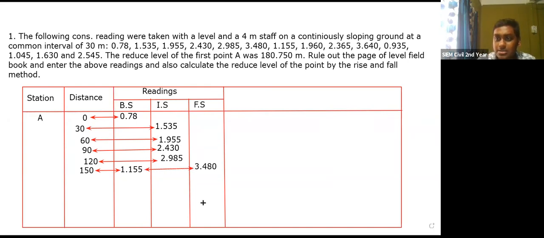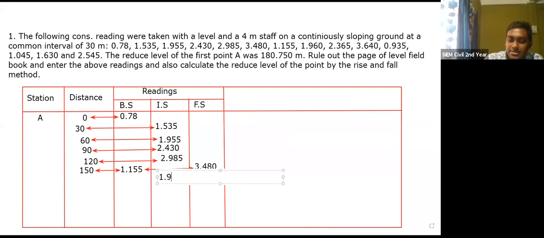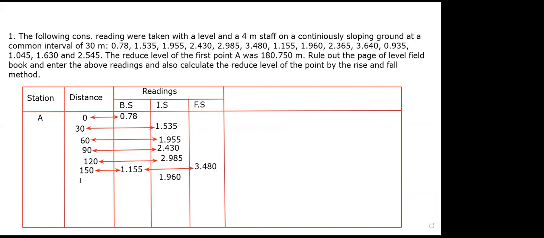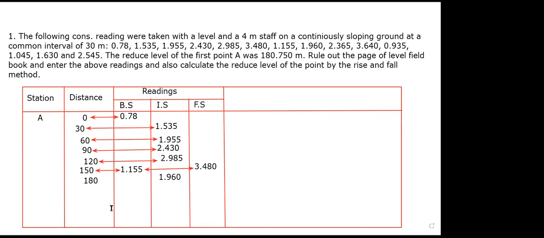Next is 1.960. 1.960 is an IS value, at distance 180. Good. Next value 2.365, at a distance 210.